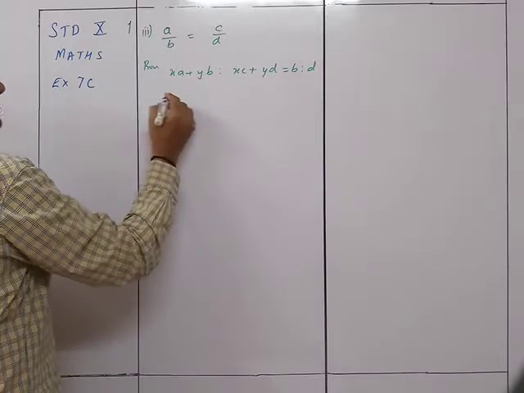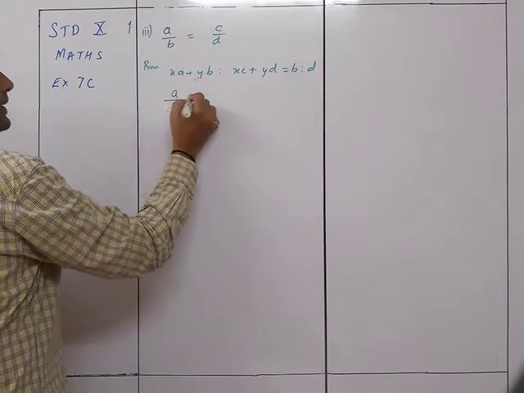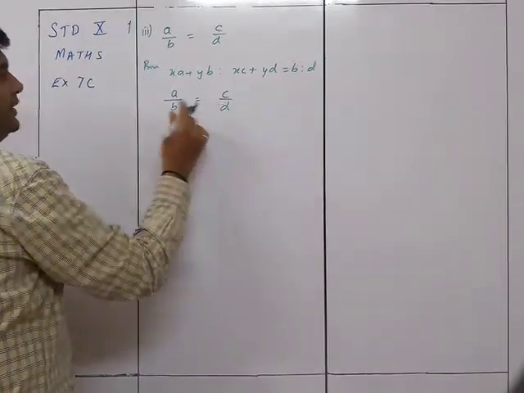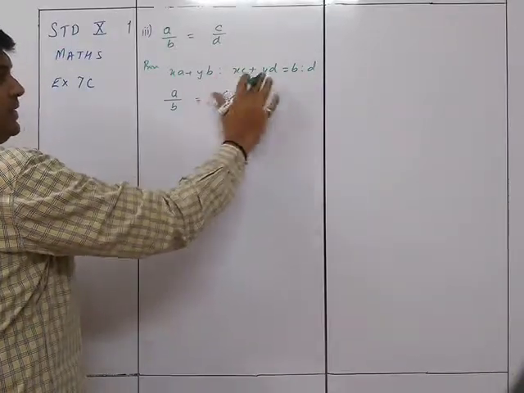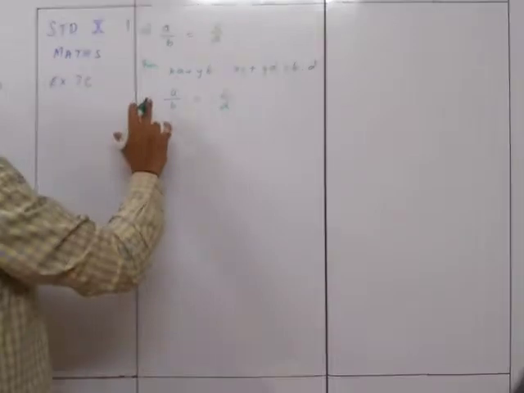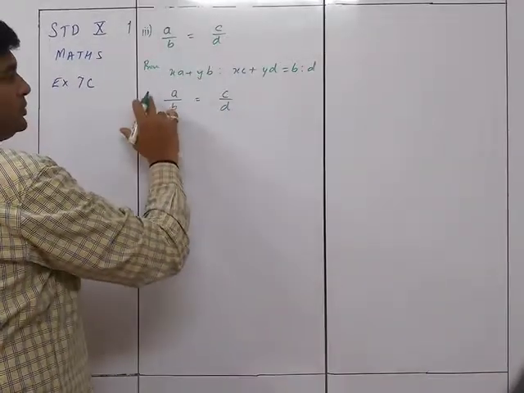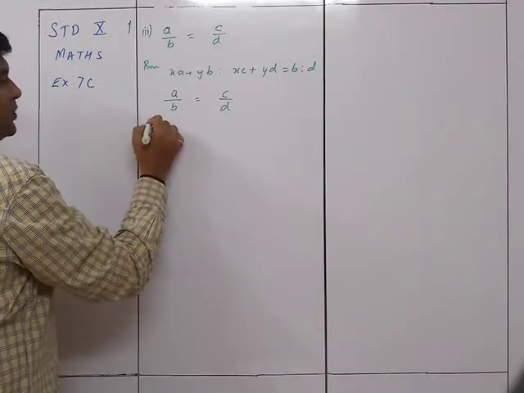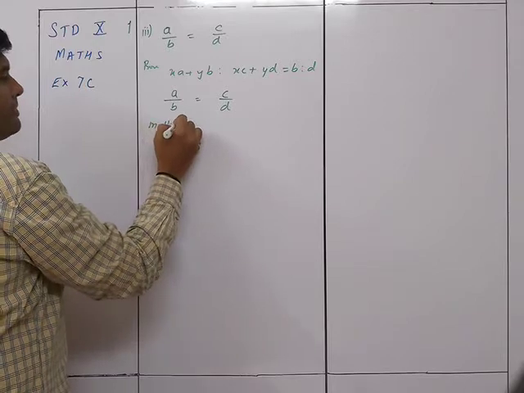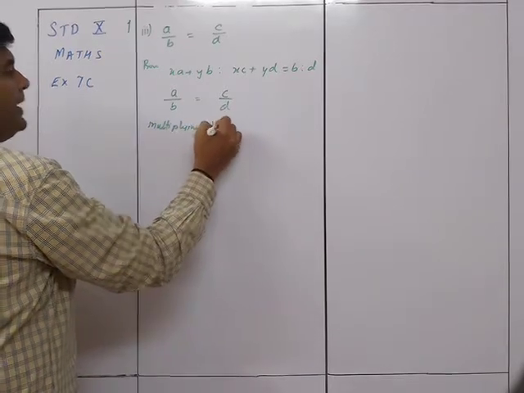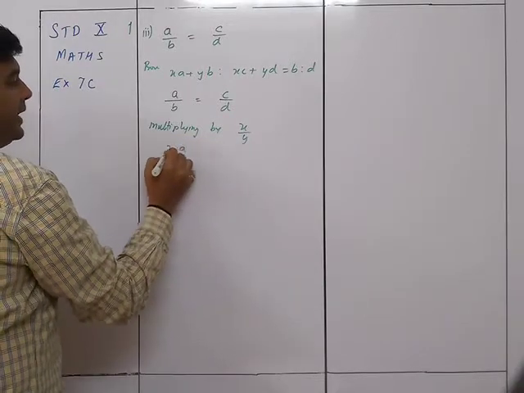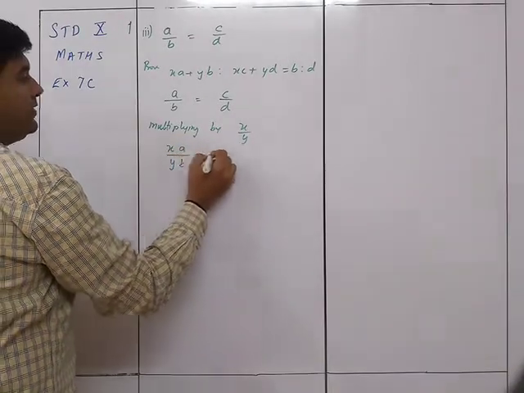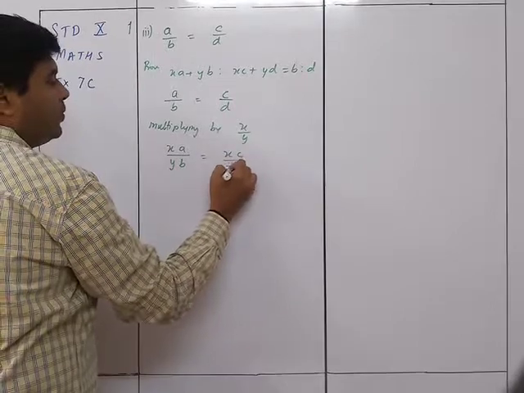So now let's see what to do. A upon B is equal to C upon D. You can see x and y over here, nothing over here, but still we can see that if I multiply this both by x upon y, we get xA upon yB is equal to xC upon yD.